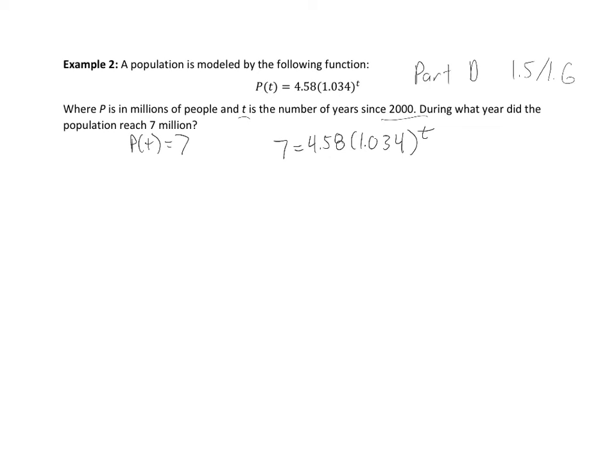And hopefully what you're noticing is that basically looks exactly like part A. And so we're going to solve this for t using exactly what we did in part A from the previous example. We're going to first divide by 4.58. And obviously 4.58 doesn't go into 7, so we're just going to leave that. 7 over 4.58 equals 1.034 to the t. Now we take the natural log of each side.